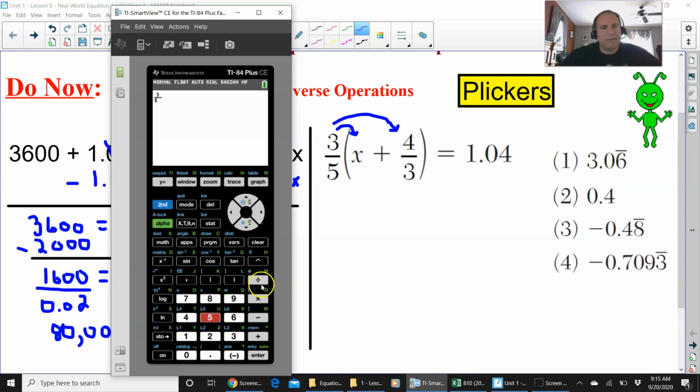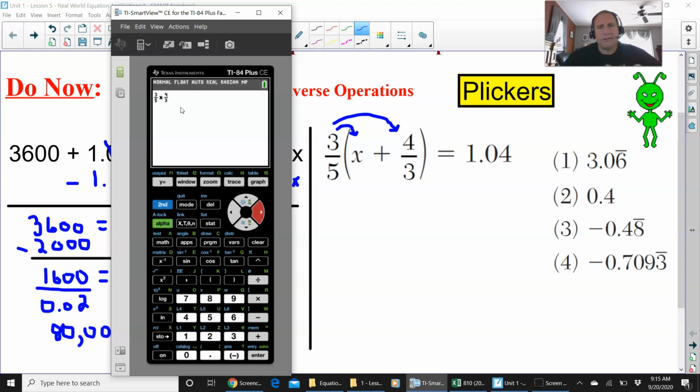Then you're going to press the right arrow just to get it away from that fraction, and then times. And then we're going to press alpha x again, and it's going to bring up another fraction, and this is 4 over 3. So that's 3/5 times 4 over 3. Look at it. It's right in your calculator. Easy. Nice. And you're going to press enter and then get that answer.